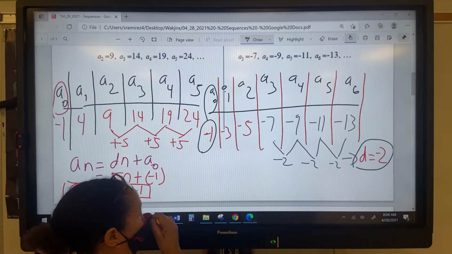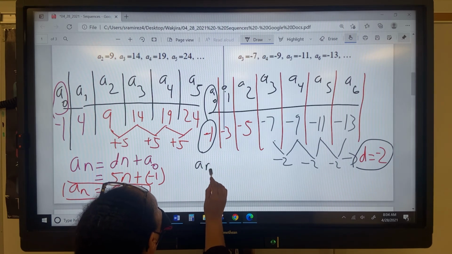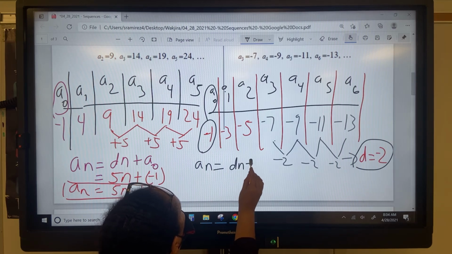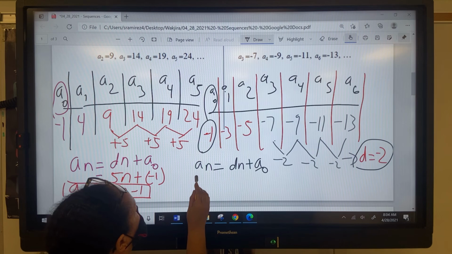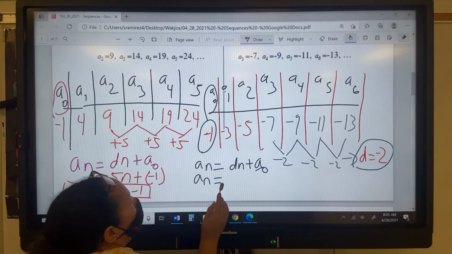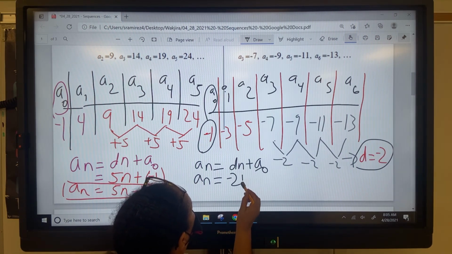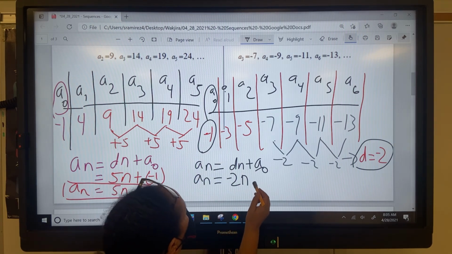So we insert this into the formula. A sub n equals Dn plus A sub 0. So A sub n equals, our D is minus 2, our A sub 0 is minus 1.